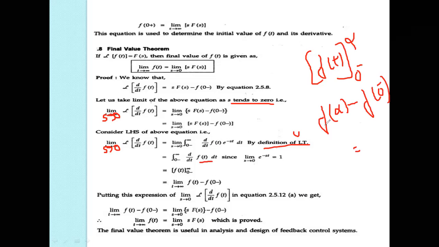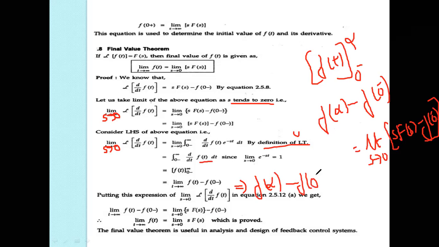RHS is limit s tends to 0 of s into f of s minus f of 0 minus. Now this implies, taking this as the f of t signal, f of infinite, let us put it as f of t, minus f of 0 minus is equal to limit s tends to 0 s into f of s.